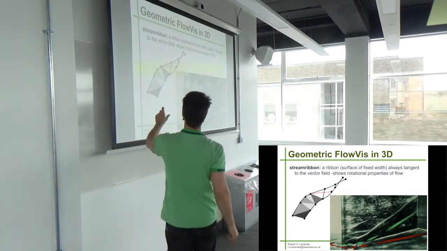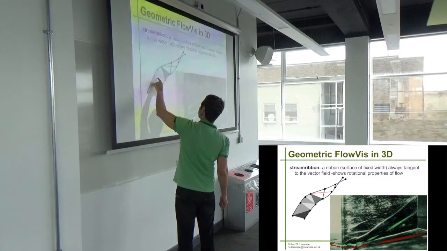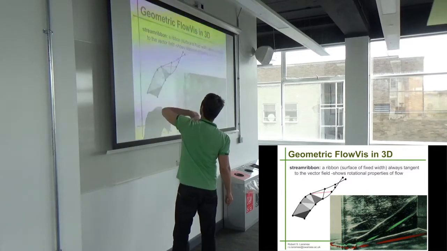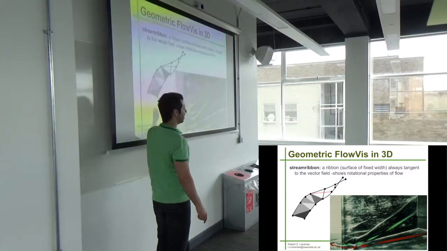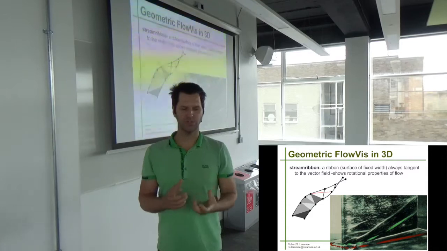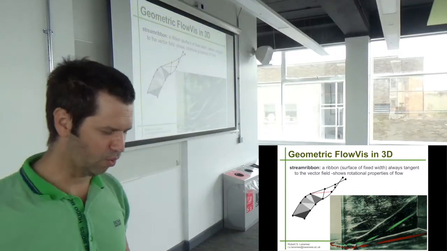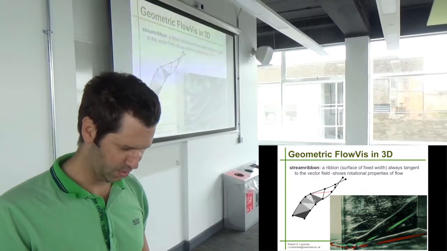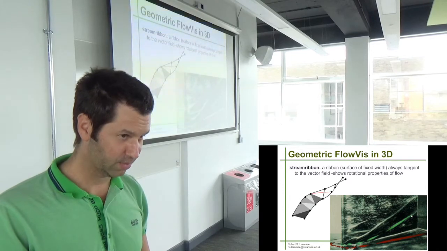But the streamlines show a twisting behavior because there's a triangle strip that tiles the space in between the streamlines. And then it gives it a surface, and that surface can rotate. So it shows the twisting, or sometimes called corkscrew motion of the flow. These are two stream ribbons here.